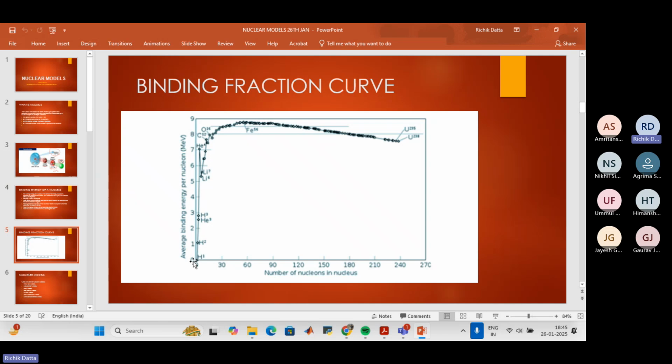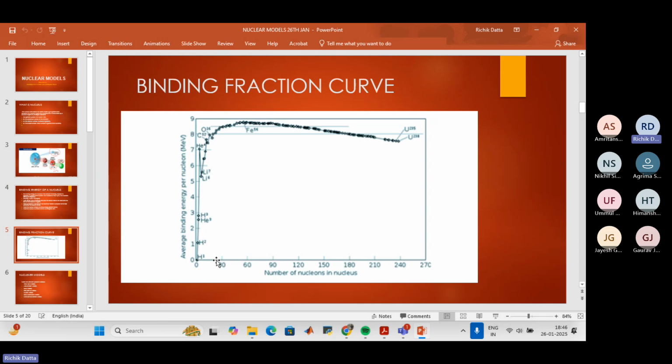Here you can see the binding energy curve. So what is the significance of the binding energy curve? Any guess? Here you can see the binding energy against the atomic number, the proton number, or the number of nucleons.